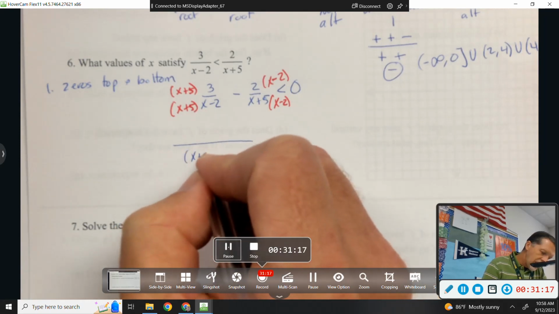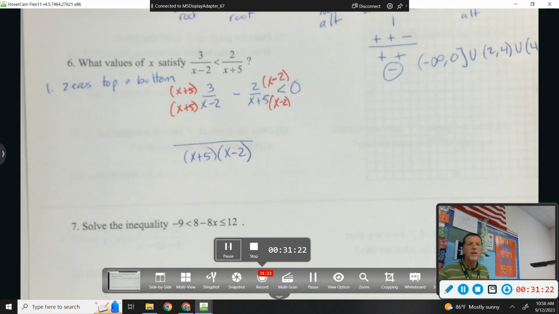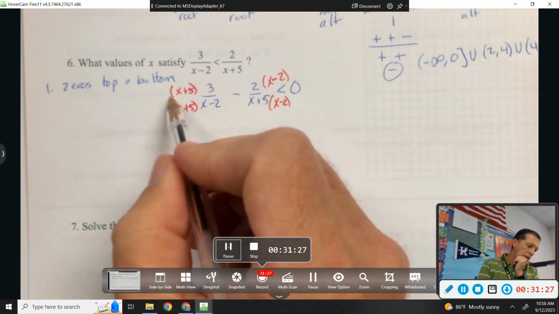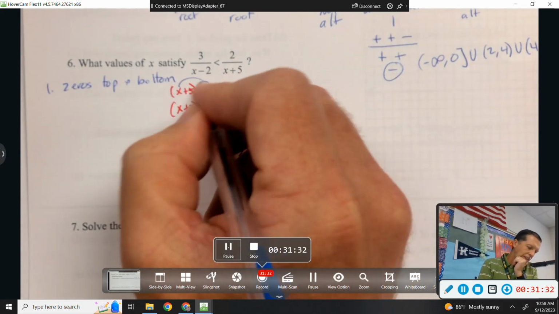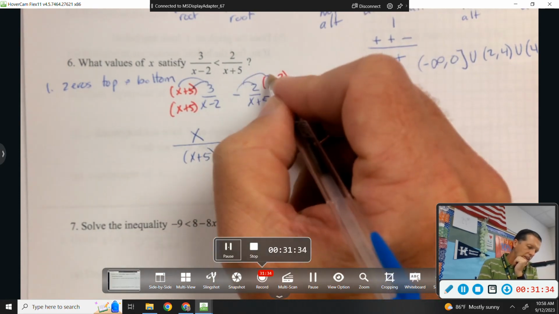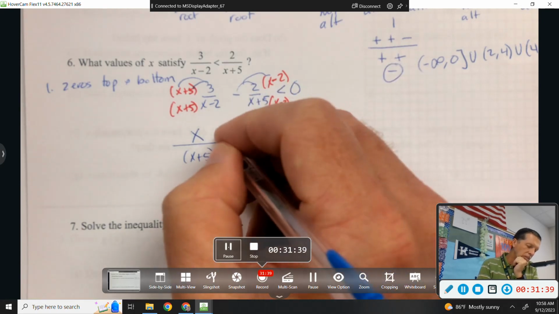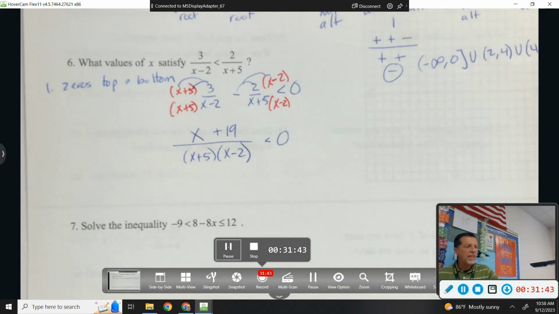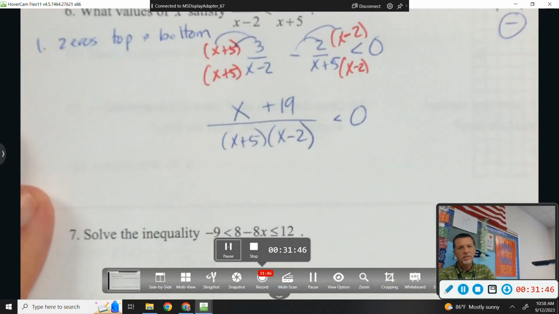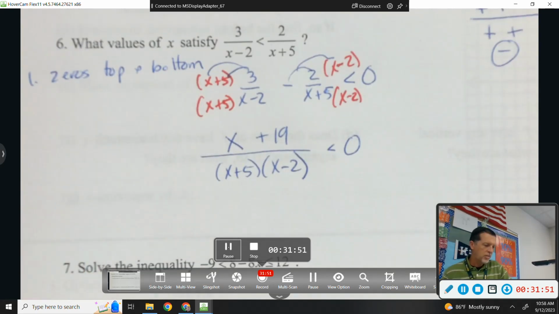So now this is starting to look more familiar. I've got a common denominator. Let's see if I can get my numerator all at once here. 3x minus 2x is x. And then 15 plus 4. Yeah, minus. 15 plus 4 is 19. Well, now I've got something that looks more familiar. So that one had an extra couple of algebra steps at the beginning.